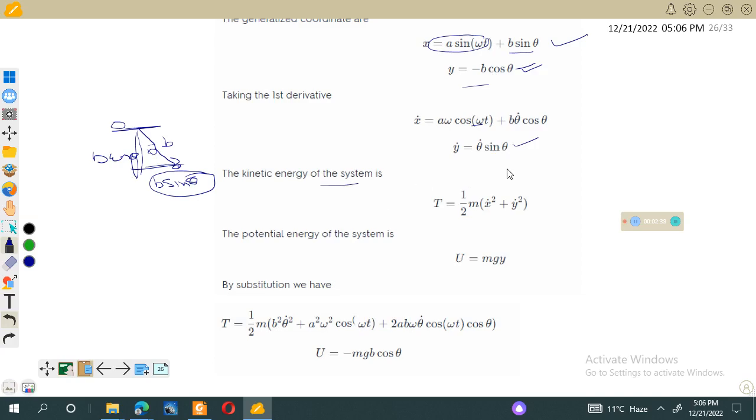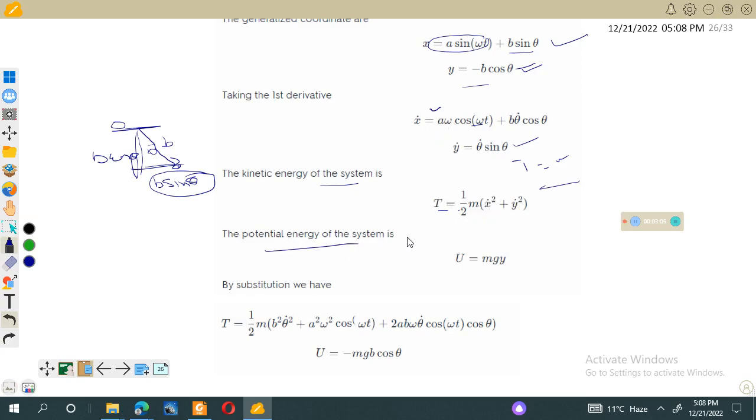The kinetic energy of the system will be equal to m over 2 times x dot squared plus y dot squared. We can take the values of x dot and y dot and plug them into this expression, and this will give us the kinetic energy.